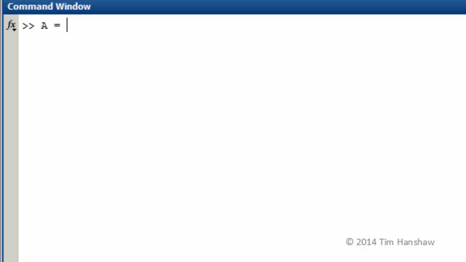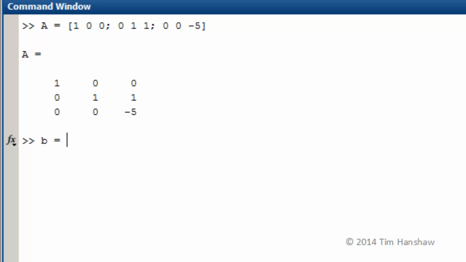Okay, the A matrix is A equals open square bracket 1 space 0 space 0 semicolon to go to the next row, 0 space 1 space 1 semicolon 0 space 0 space negative 5 close square brackets. So there's my A matrix.